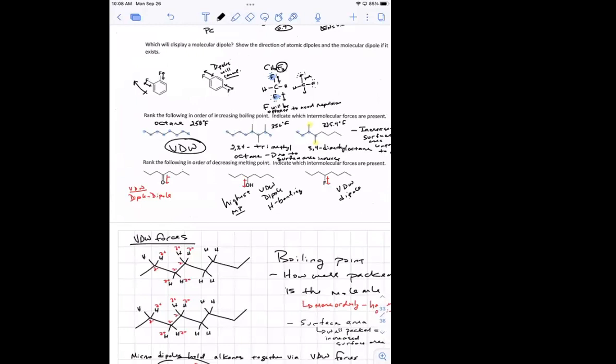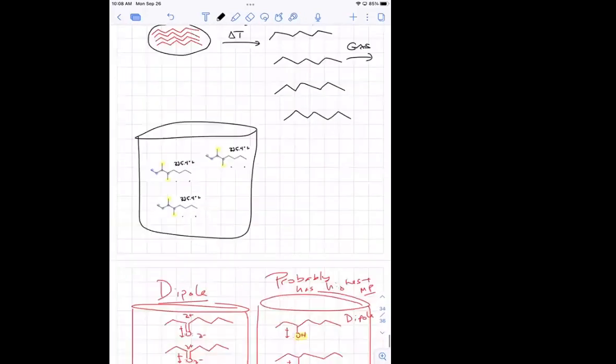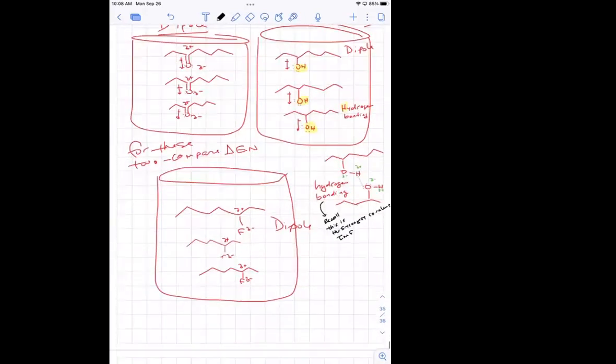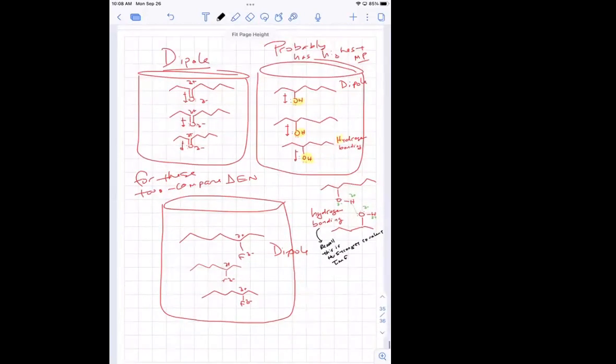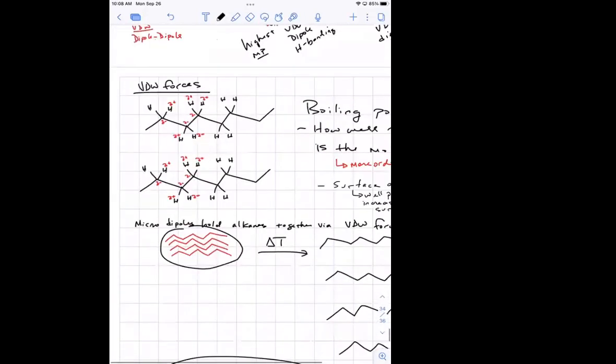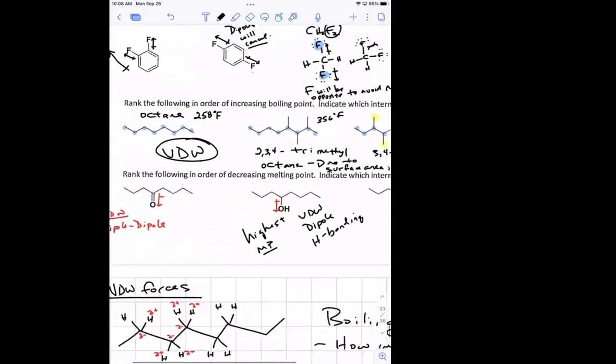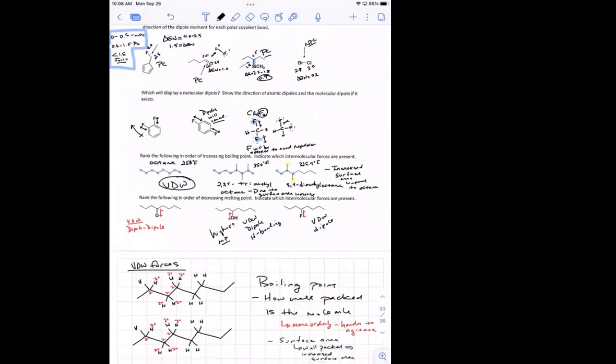And I think I said on Friday that we could compare the fluorine and the ketone and determine which one had the strongest dipole. Did we talk about that? Somebody toward the end of class gave an answer to the question that I asked.